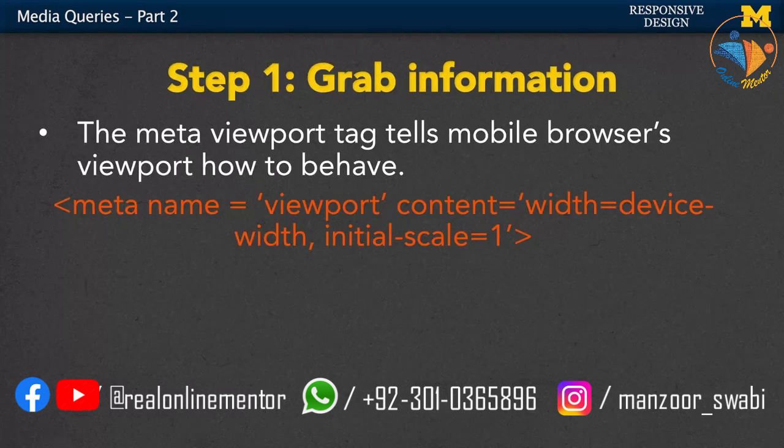Step 1. This is something that will cause your page to work or not work many times on mobile phones. It's a simple bit of code that you want to include in the head of your HTML. What we have here is a meta tag.